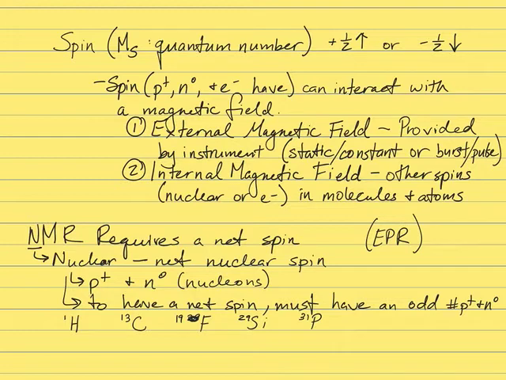In addition to needing an odd number of protons and neutrons to be NMR active, it also needs to be an isotope that is present in a high enough abundance to be detectable.